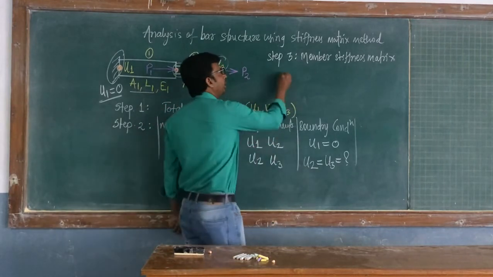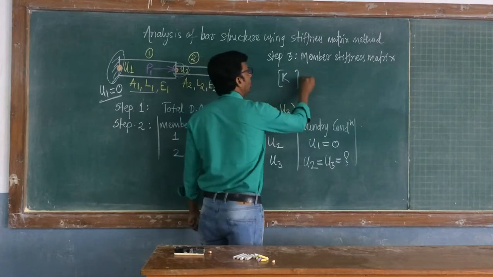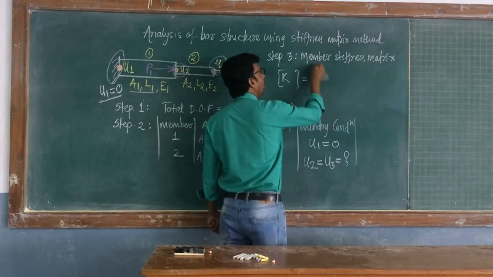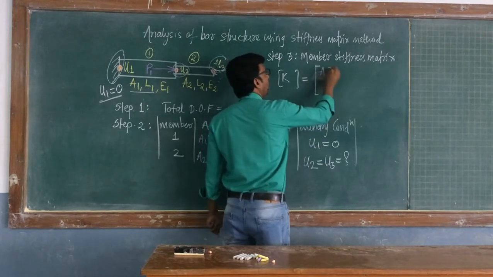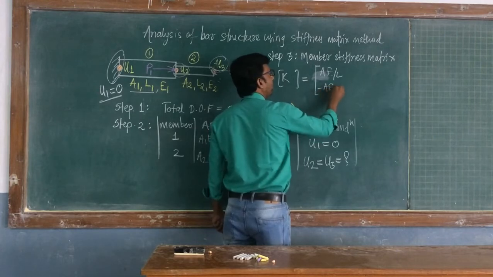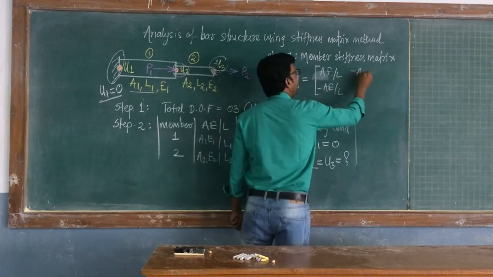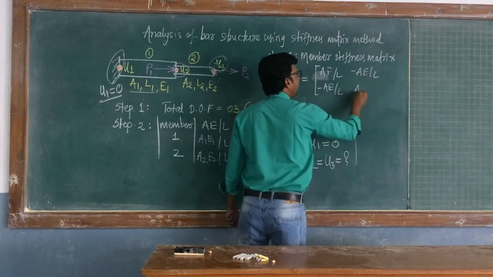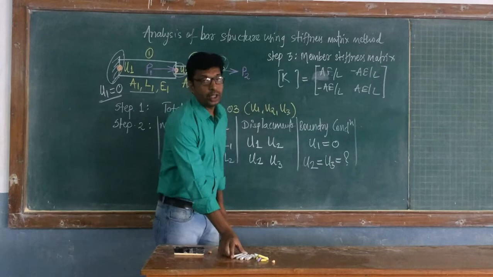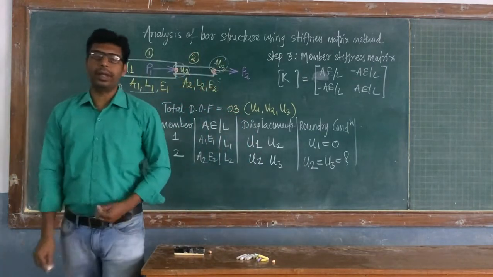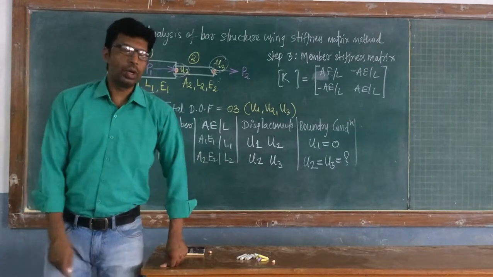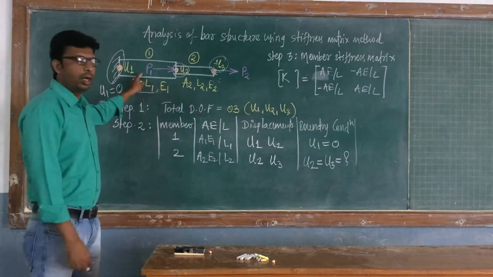To determine the stiffness matrix, we have to use the standard stiffness matrix. That is K is equal to A by L, minus A by L, minus A by L and plus A by L. This is the standard stiffness matrix of the bar element. So this standard stiffness matrix we have to use for each member now.